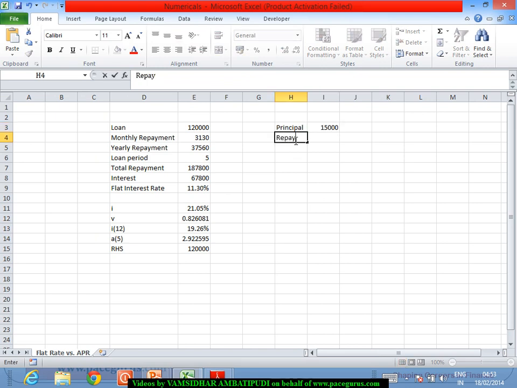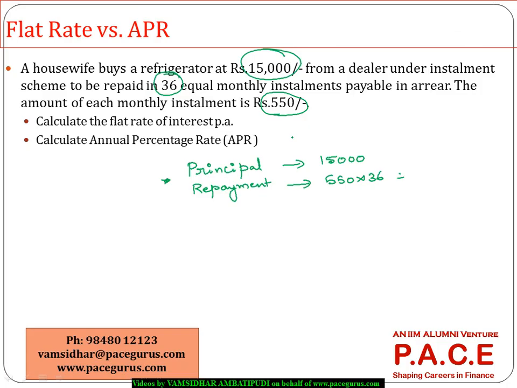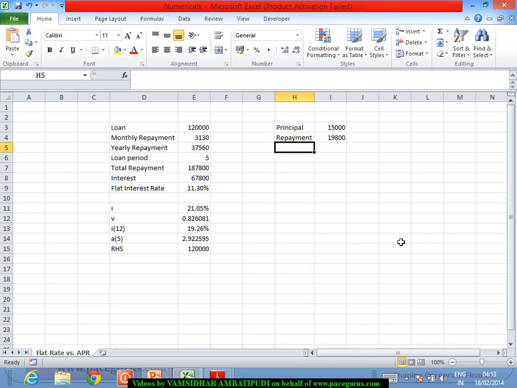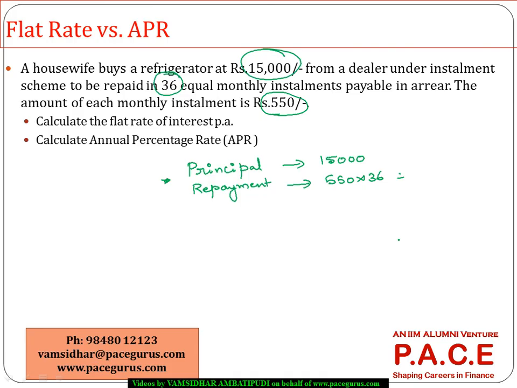The total repayment that is done is 550 per installment into 36 installments, so working out to 19,800. So from here I can find out the interest part of the installment, which is 19,800 minus 15,000. So 4,800 becomes the interest. So the interest that is paid is 4,800.